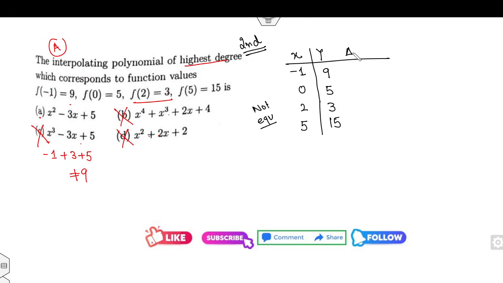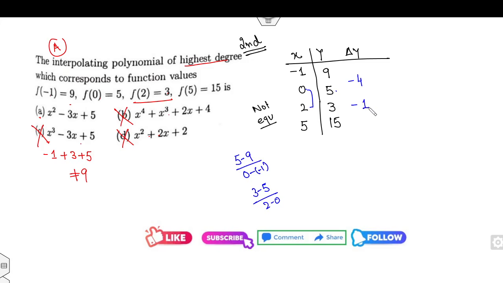Then you have to find this value: difference divided by this difference is 5 minus 9 divided by 0 minus of minus 1. So minus 4 divided by 1 is minus 4. Similarly, 3 minus 5 over the difference 2 minus 0, so minus 2 divided by 2, that's minus 1.